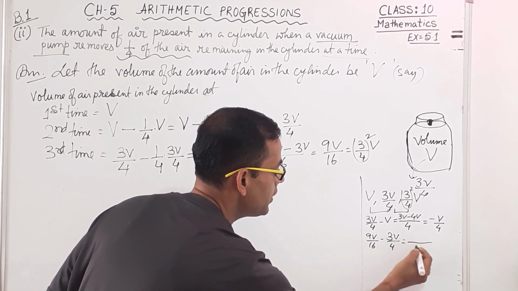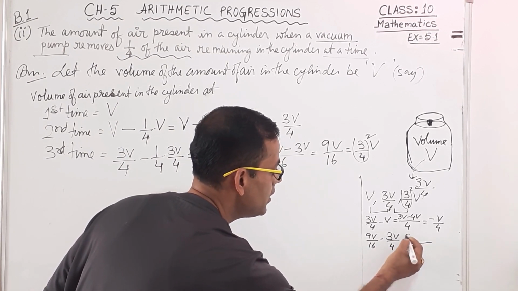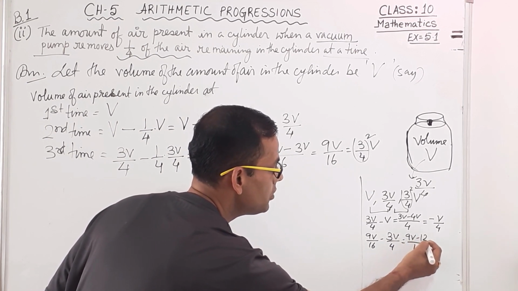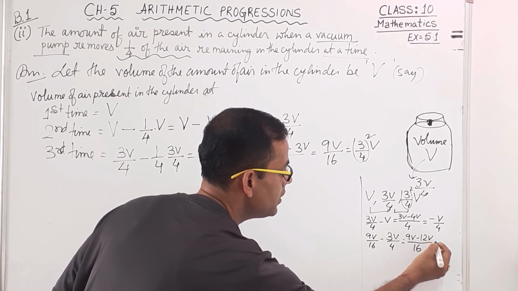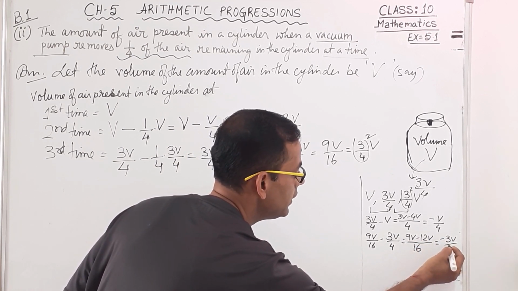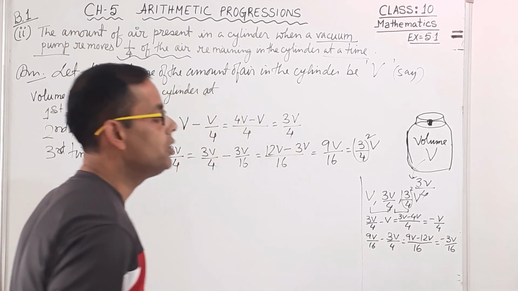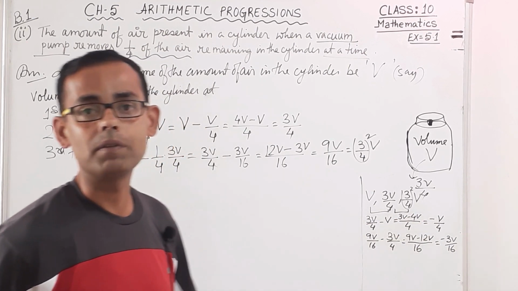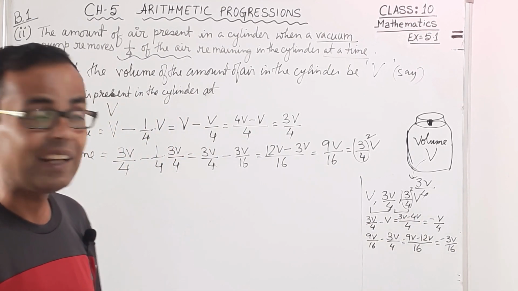If you find out the difference, 9V minus 12V, so what you get? Minus 3V by 16. So you can see the differences are not coming the same. If differences are not coming the same, they are not in AP.